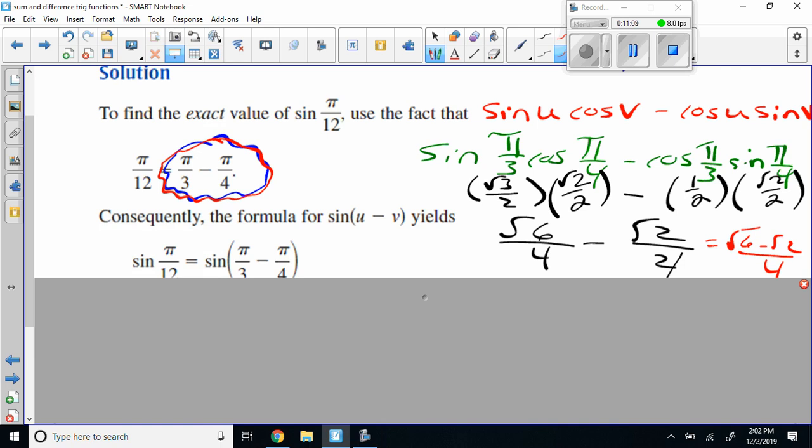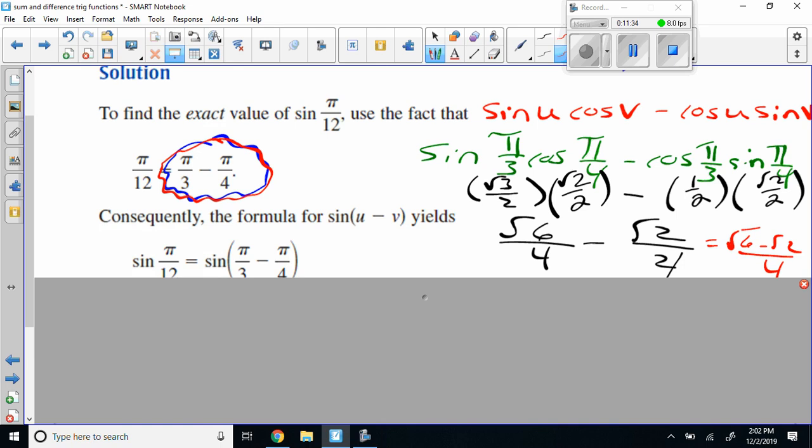Now, you could leave it like the black there, but normally they put it as the red, as 1 fraction. So, if you were to look at the value of sine of pi over 12, that in red would be its value. If you took square root of 6 minus square root of 2, divided by 4, then that would be the value of the sine of pi over 12.